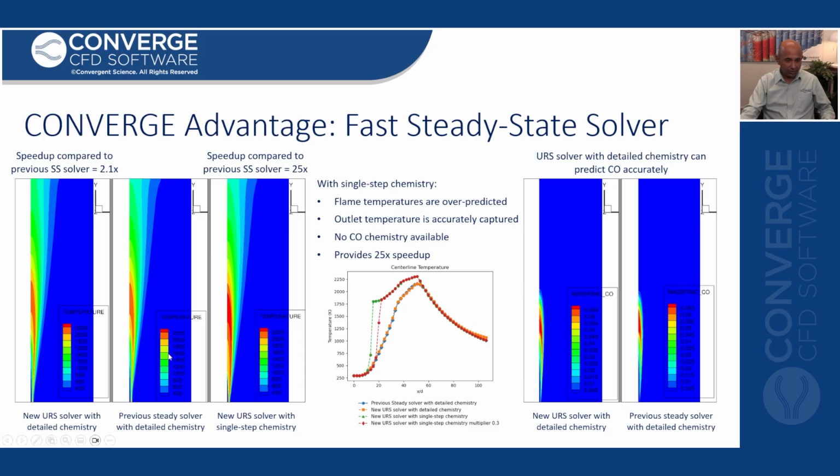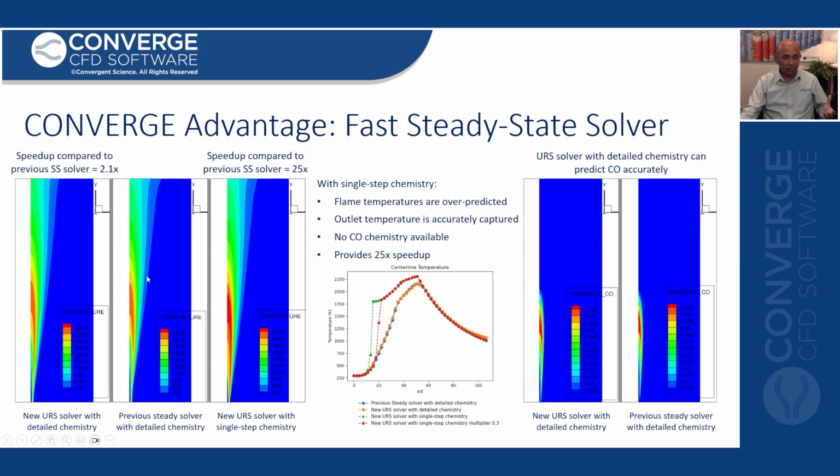I'm showing you the temperature contours. The flow is coming from the bottom, the fuel and the air burn and produce the flame. On the left-hand side, you have the new steady state solver. This is the under-relaxation solver, we call it URS. Just by changing the solver, you can now get 2 times speedup.